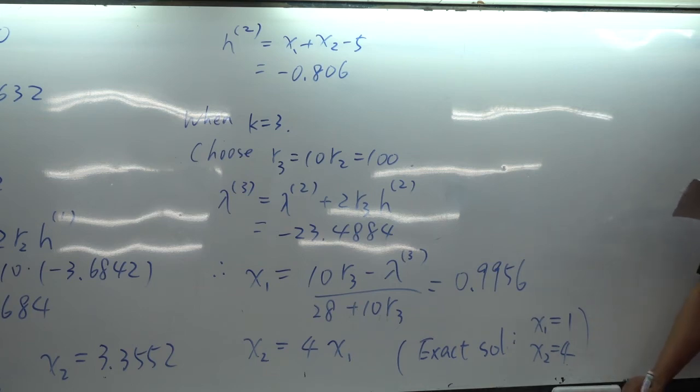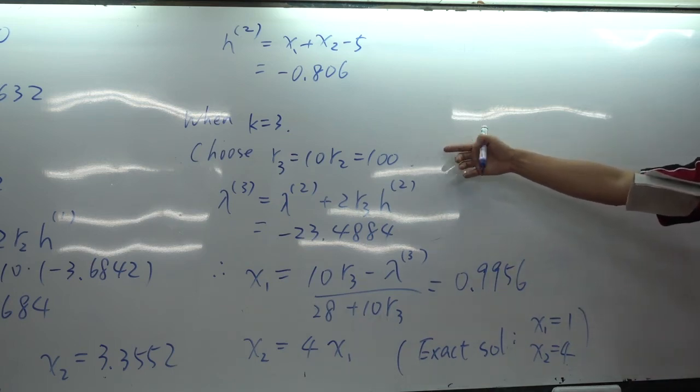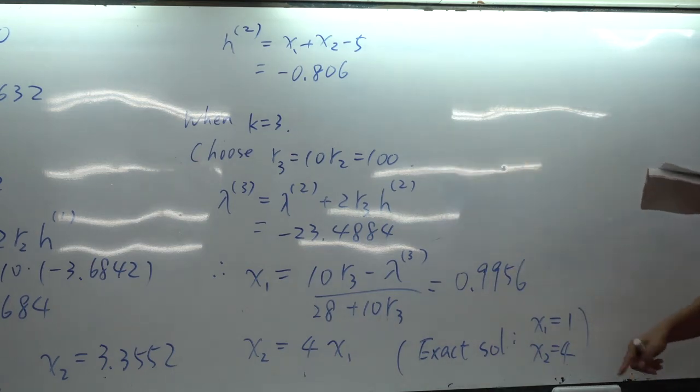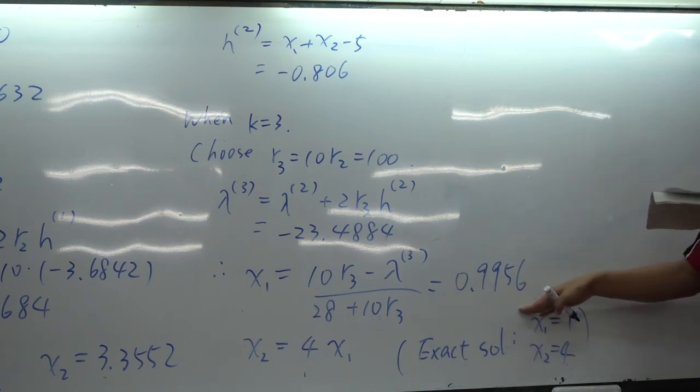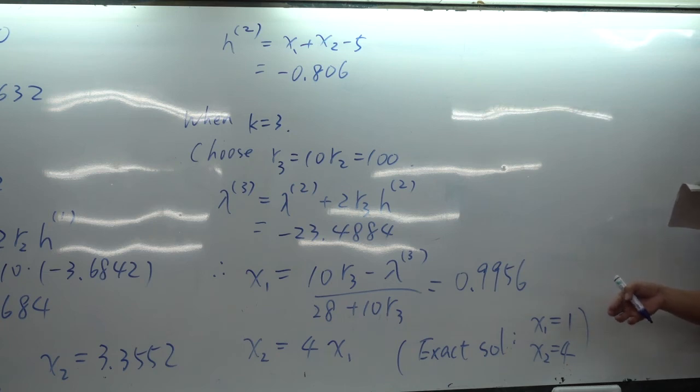The best advantage of ALM is that it lets r not need to be that large. Okay, so I hope in this way you guys can understand what's going on. So this is the so-called ALM, the combination of Lagrange multiplier with penalty function method.